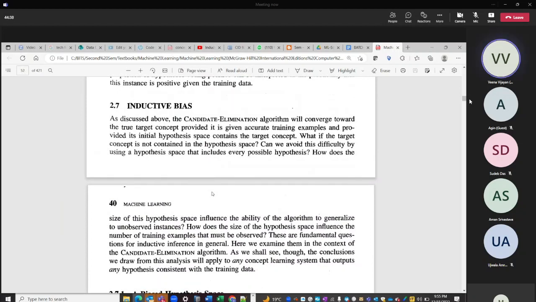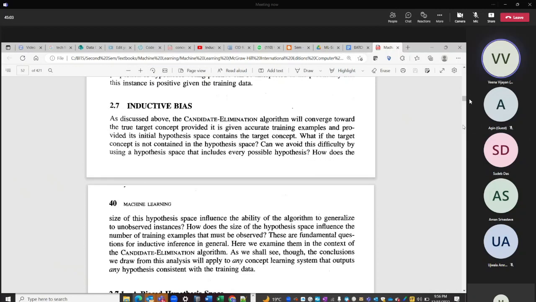I will send you some links also where some problems on the candidate elimination are there. Yeah, that will be better. That will be helpful actually. You just share those things. And this PDF also, along with that you share, no? This one is the textbook only.